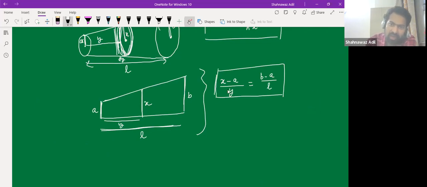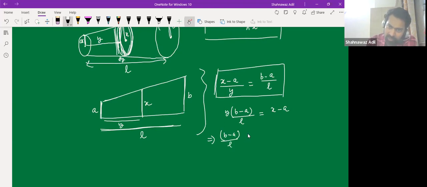So now we have got a relation between y and x. Let us write it in a proper manner. This would be y equals (b minus a) divided by L times (x minus a). Let us differentiate this with respect to x. b minus a by L is constant.